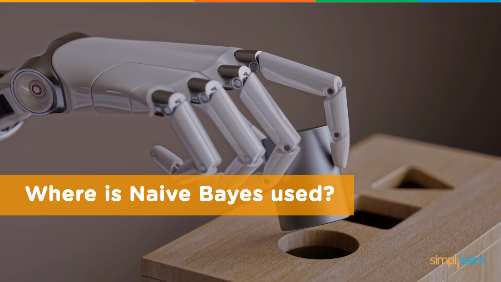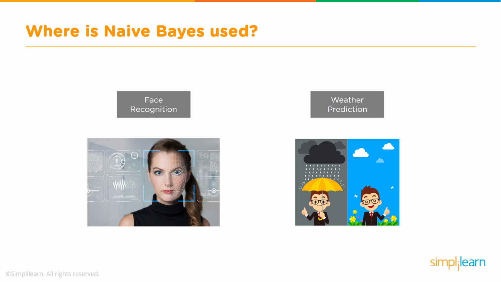Let's glance at where naive Bayes is used and look at some of the use scenarios. As a classifier, we use it in face recognition. Is this Cindy or is it not Cindy? Or it might be used to identify parts of the face that they then feed into another part of the face recognition program: this is the eye, this is the nose, this is the mouth. Weather prediction: is it going to be rainy or sunny?